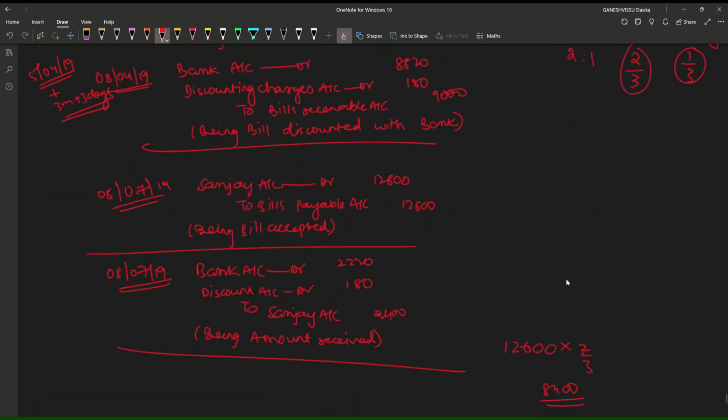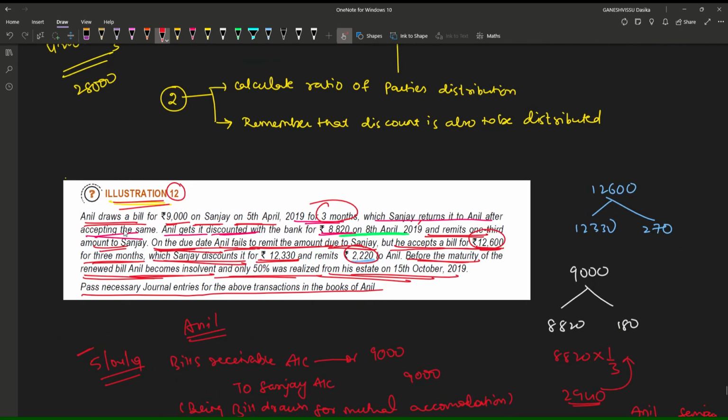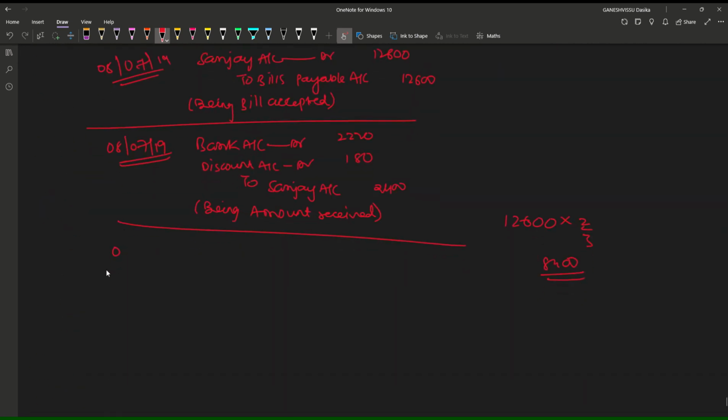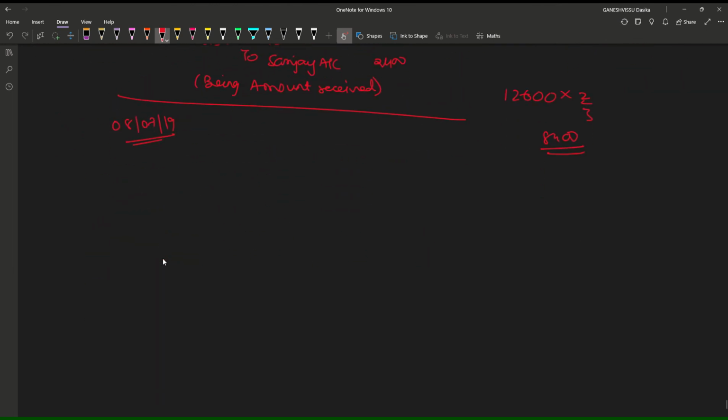So he has not paid 8,400 amount to Y. That means not by Sanjay here. On which date? Before the maturity only. Let us assume the same date, 8 7 2019. On 8 7 2019, we have paid amount to Sanjay only 50%. So Sanjay account debit, 8,400 is the total amount which is payable to bank account.